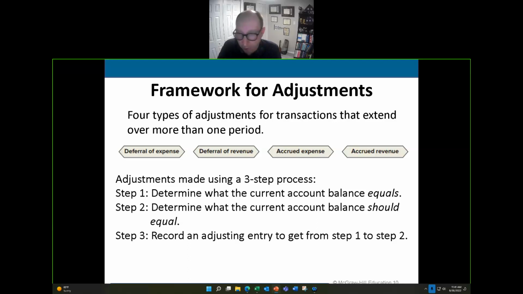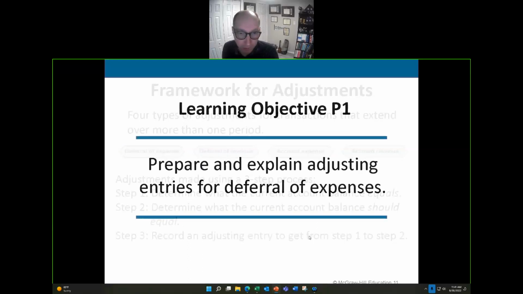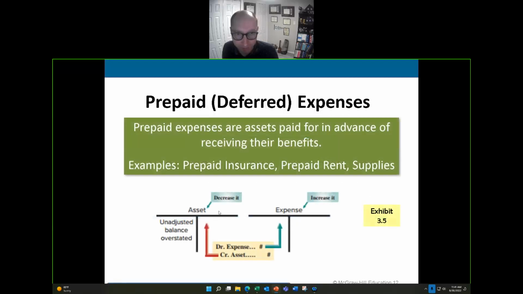If I got the bill for $1,200 for the 12 months, it's $100 a month, but the balance is not going to be $100. I've already paid it up front, so the balance is actually going to be zero. But every month I'm adjusting that total balance, my prepaid expense, downward. And then step 3 is to record the entry. So let me show you the adjusting entry process.